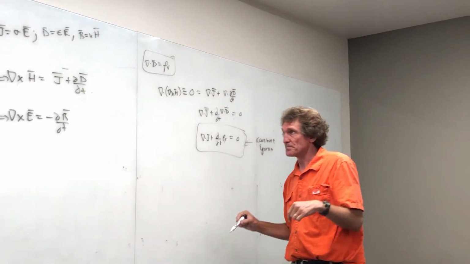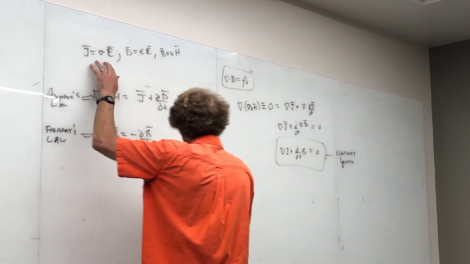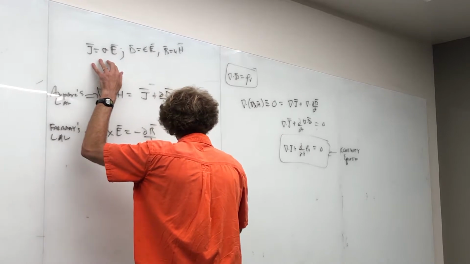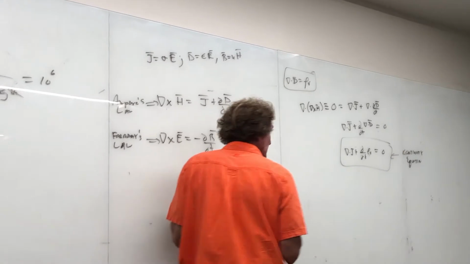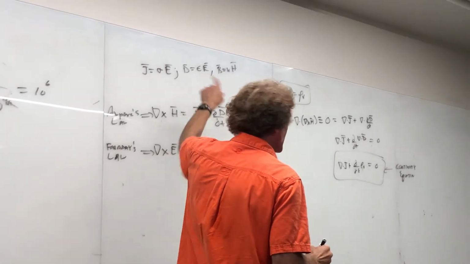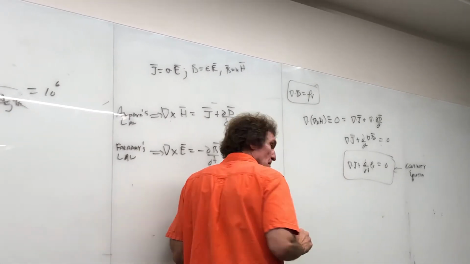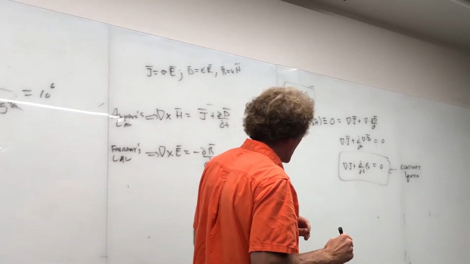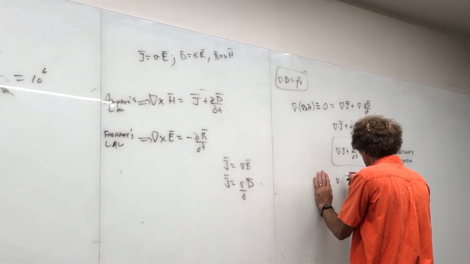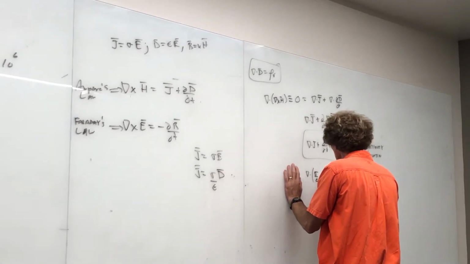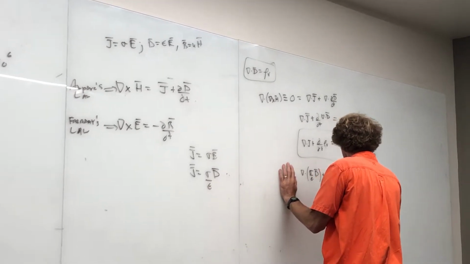Now, something else. Since J is sigma E, J is equal to sigma E, and E, right there, is equal to D over epsilon. I can go ahead and plug in for J there, and I have the divergence of sigma over epsilon times D plus d dt of rho V equals zero.